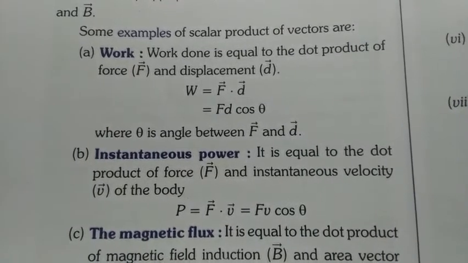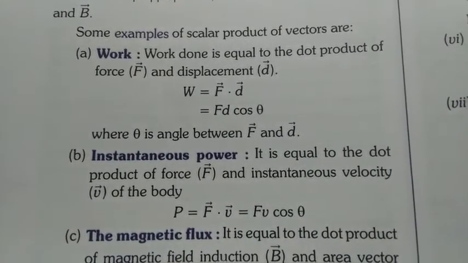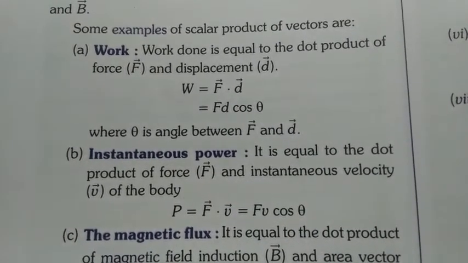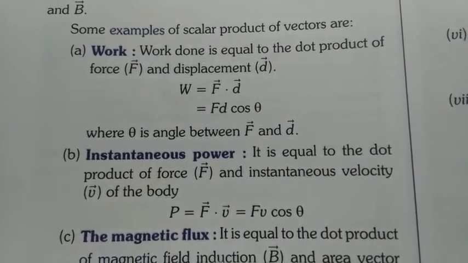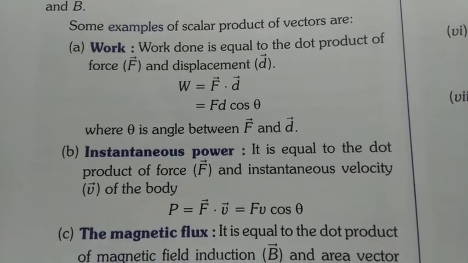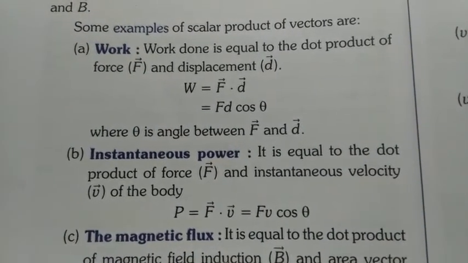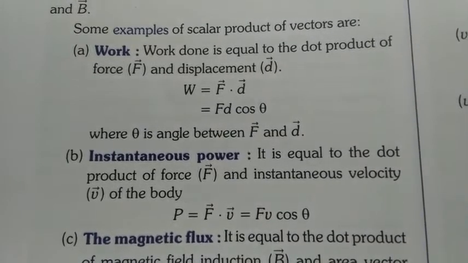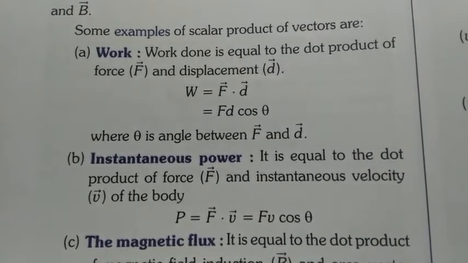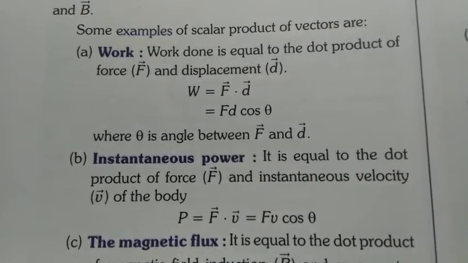Now let's look at some examples of scalar product. The first one is work. Work, as we all know, is a scalar quantity, but it is the multiplication of two physical quantities, that is force and displacement. And force and displacement, they both are vector quantities.